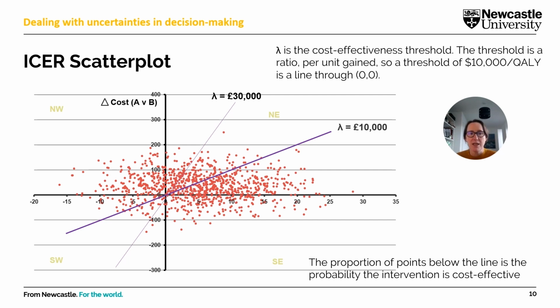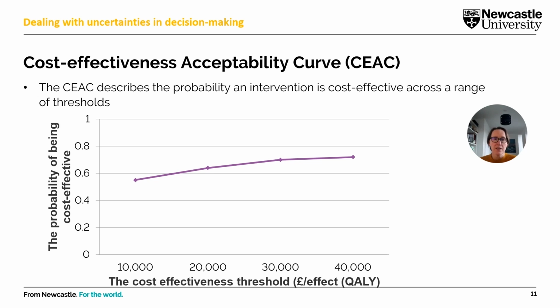As you see from the scatter plot presented here, as the willingness to pay threshold increases from 10,000 to 30,000, the number of points, so the number of simulation outcomes, that fall to the south and east of the line increases. The CEAC indicates the probability that an intervention is cost effective compared with the alternative for a range of willingness to pay values.